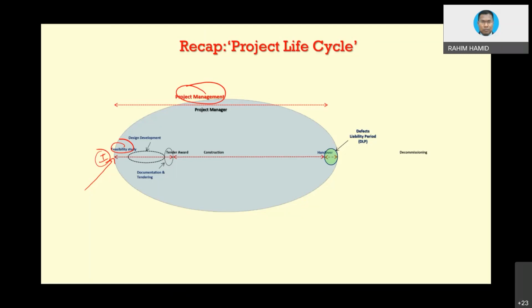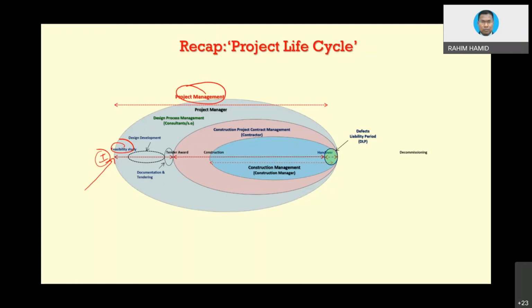Then later on, now we have another circle. We call it contract management. As I mentioned, when the project is awarded, then the contract just begins. But the contractor might not have access to the site yet. There is a concept called pre-construction and post-construction.